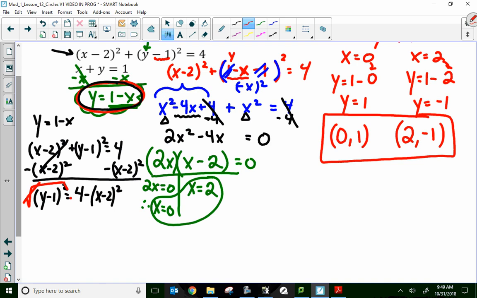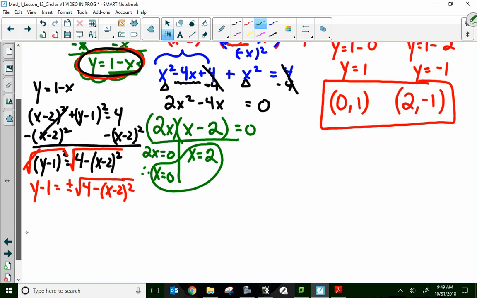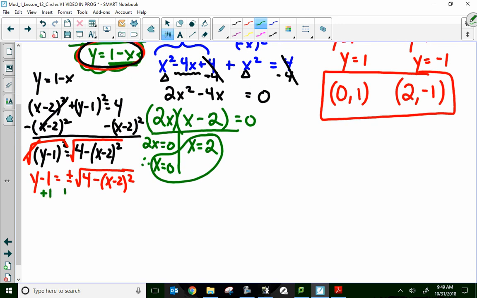I have to square root this whole side. So I have y minus 1 equals plus or minus the square root of 4 minus x minus 2 squared. And last but not least, I'm going to add 1 to both sides. So I have y equals 1 plus or minus the square root of 4 minus x minus 2 squared. That's a lot.